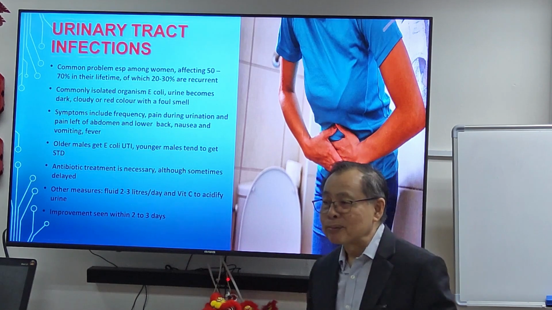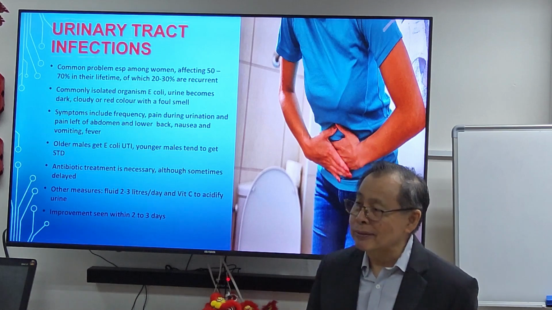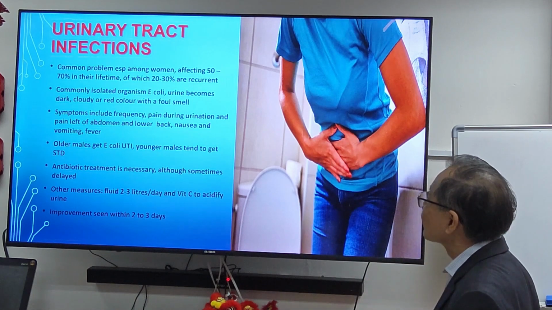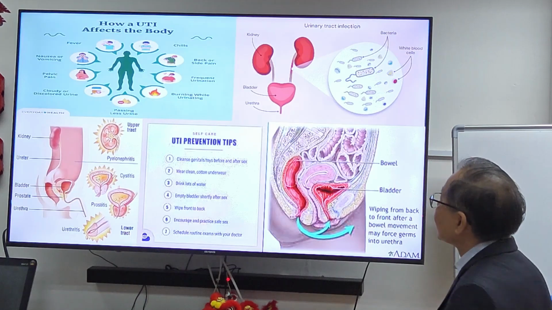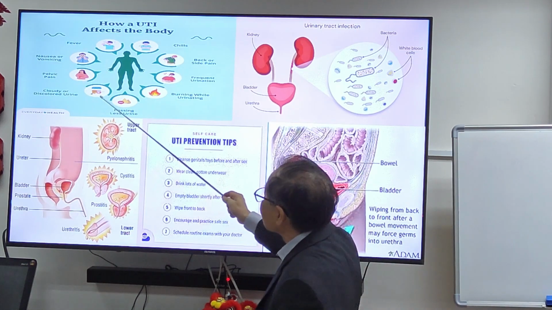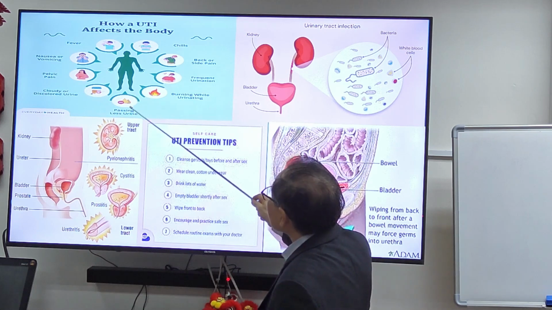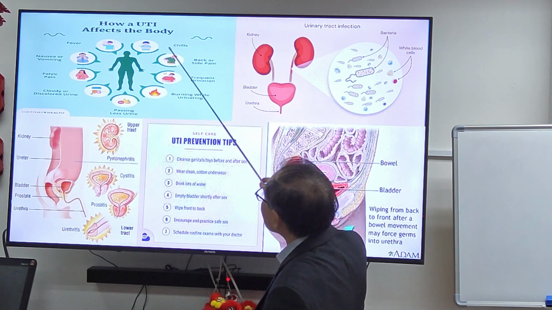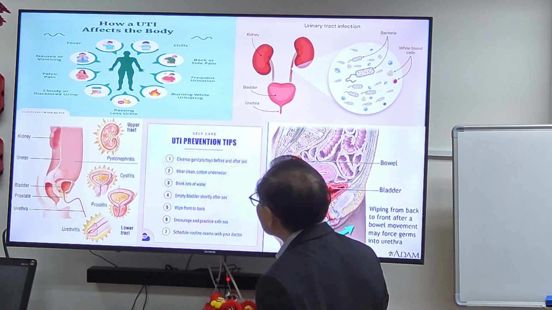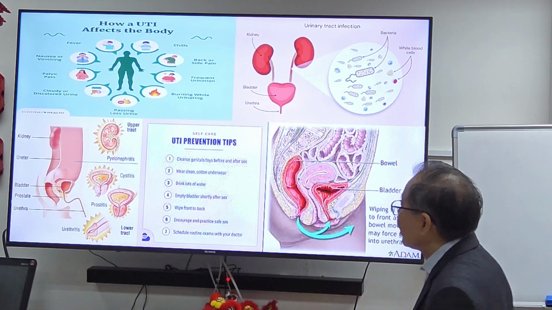And you should see some improvement within 2 to 3 days. It's very short-lived, so in that sense, it's easy to handle. So how does it affect your body? Nausea, pain, cloudy urine, passing less urine, very frequent urine, pain, chills, burning sensation. What is the outcome?